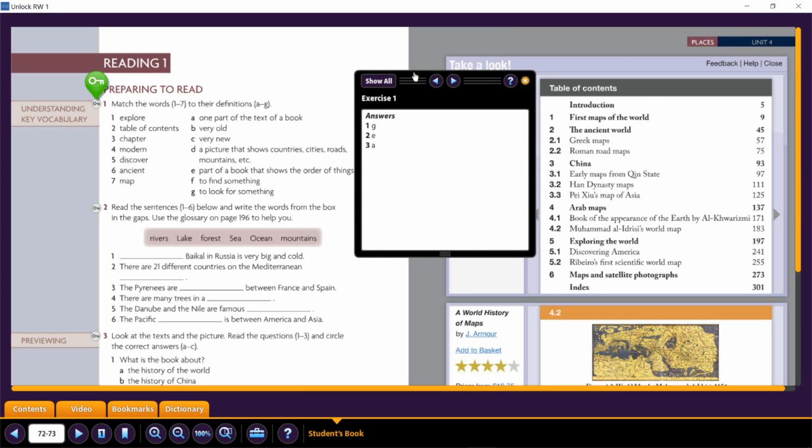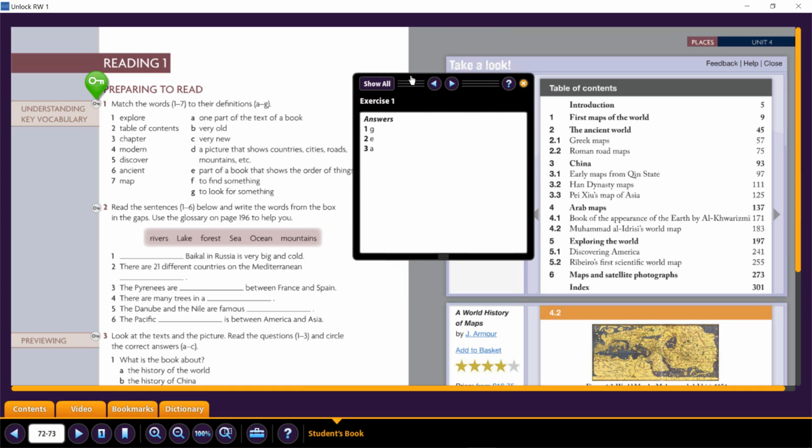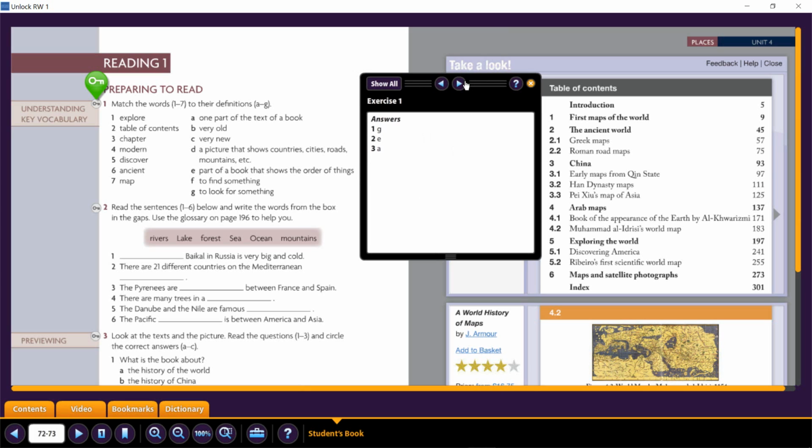Like here, for example, we can say that we are reading chapter number 4.2, etc. What about modern? What do we mean by modern? Something modern, something what? Something new, very new. So 4 with C.